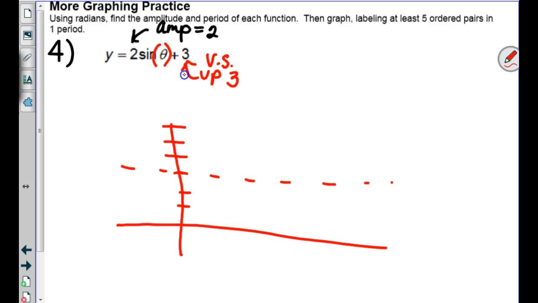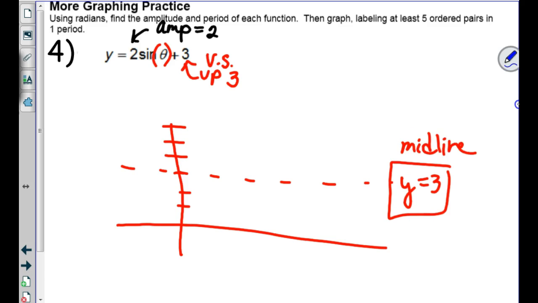How far above and below my midline of y equals 3, which it will ask sometimes what the midline is, am I going? 2, because the amplitude is 2, okay? So my maxes will be at 5, and my mins will be at 1. Now, if you just renamed the x-axis y equals 3, that's fine. Just be really careful that you write your ordered pairs correctly.